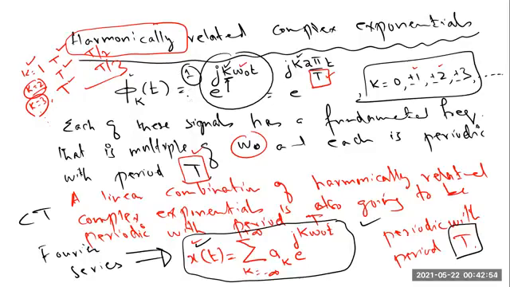And we already know that a constant signal has a fundamental period that is undefined. If you put k equal to 1, you get a signal having fundamental frequency omega naught.